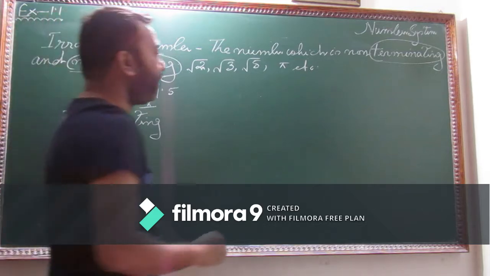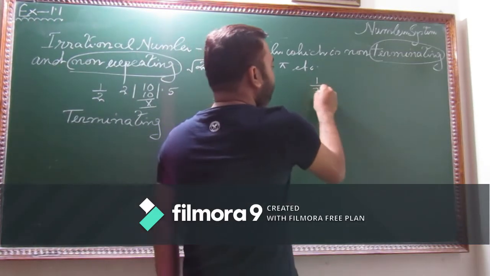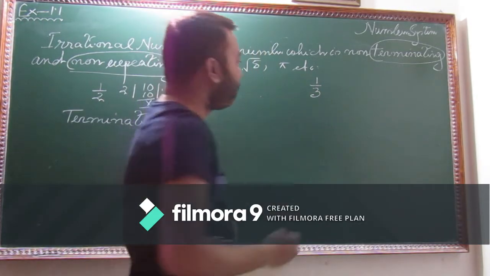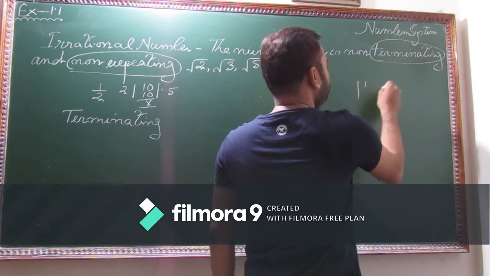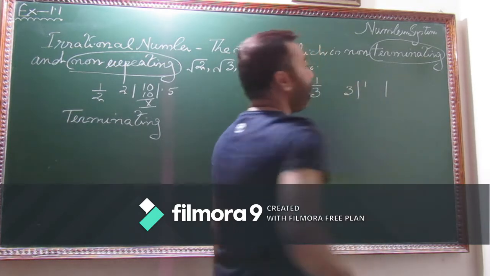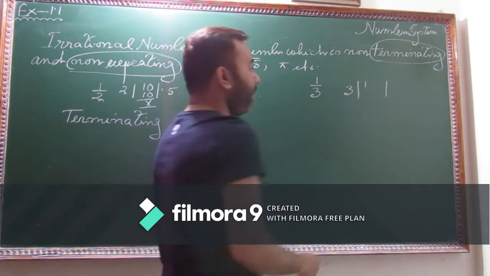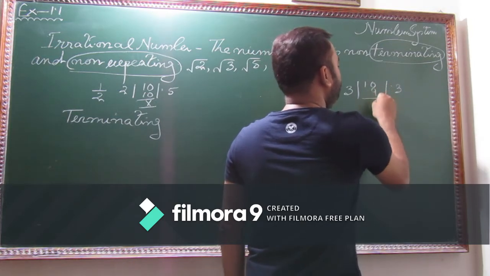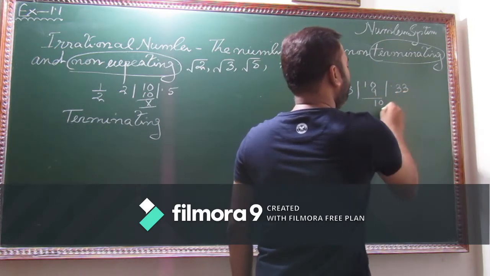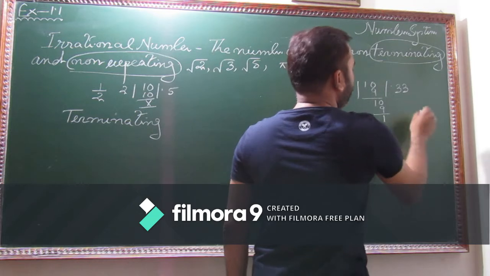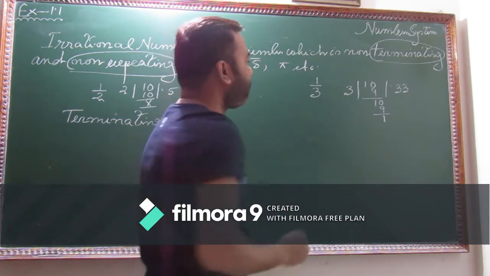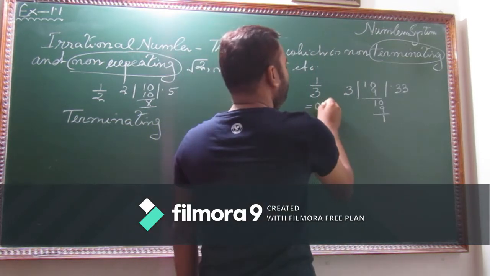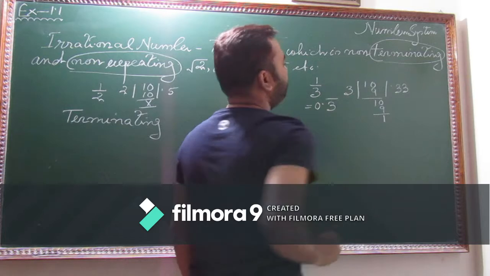Now I am going to divide 1 by 3. If I go for the long division of 1 by 3, then 0.3333 and so on. So 1 by 3 means 0.3 bar.